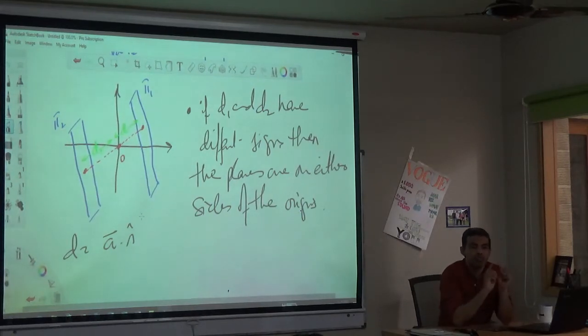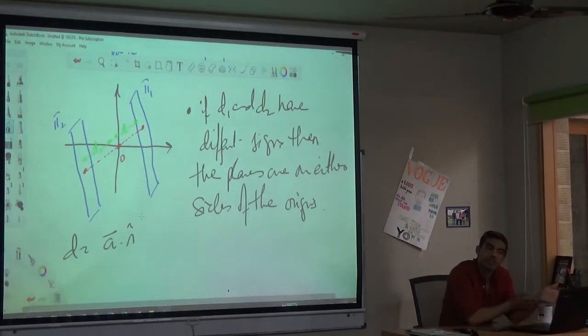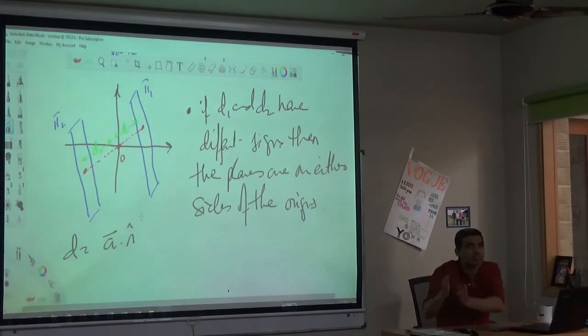And if both the distance values from A dot n hat come out with the same sign, either both of them are positive or both of them are negative, then both the planes are on the same side of the origin.